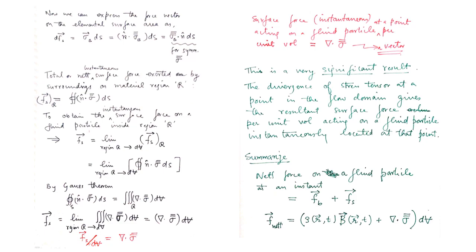So Fs, the net surface force on the particle, is the limit of region R becoming infinitesimal or reducing to the particle size. Particle size, remember, I write as differential V notionally, and this expression is just used. FSR जो हमने अभी निकाला है वो हमने यहाँ पे यूज कर लिया. I plug it here.